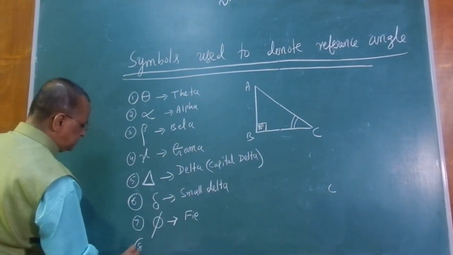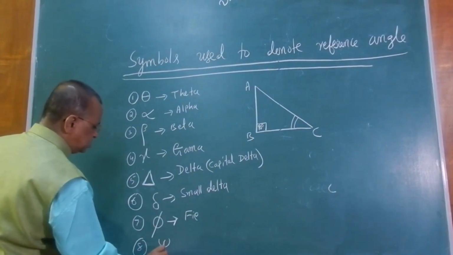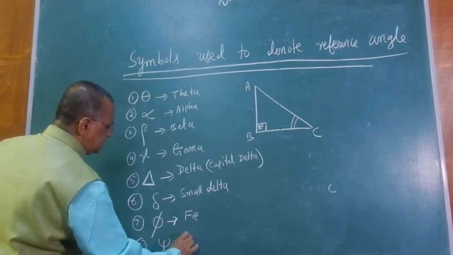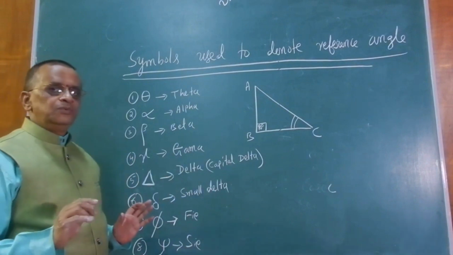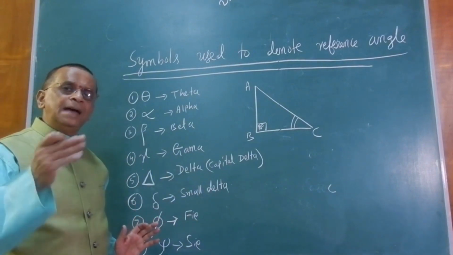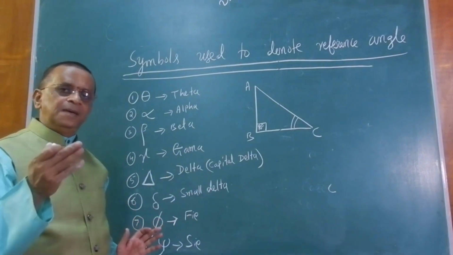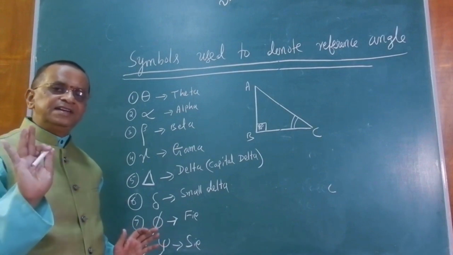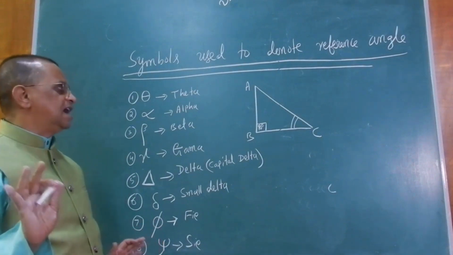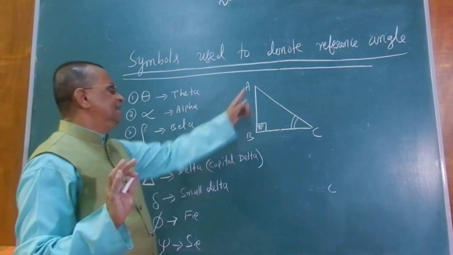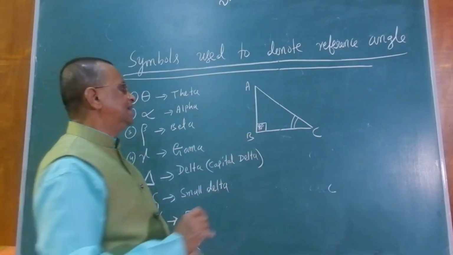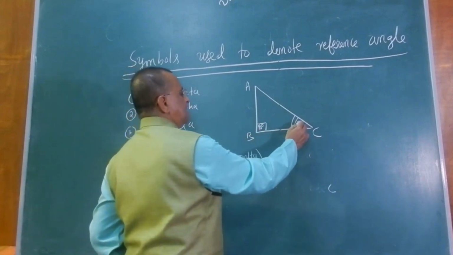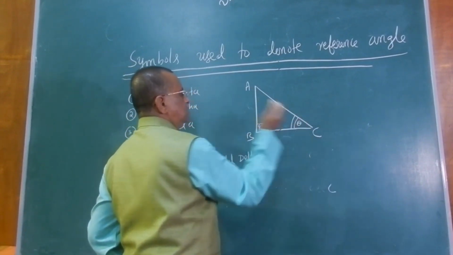And another symbol like this is psi. And sometimes we use English capital letters, say A, B, C, D, X, Y, Z. That itself has a reference angle. Of course, in a right angle triangle, this is 90 degree. We can call the reference angle as theta.